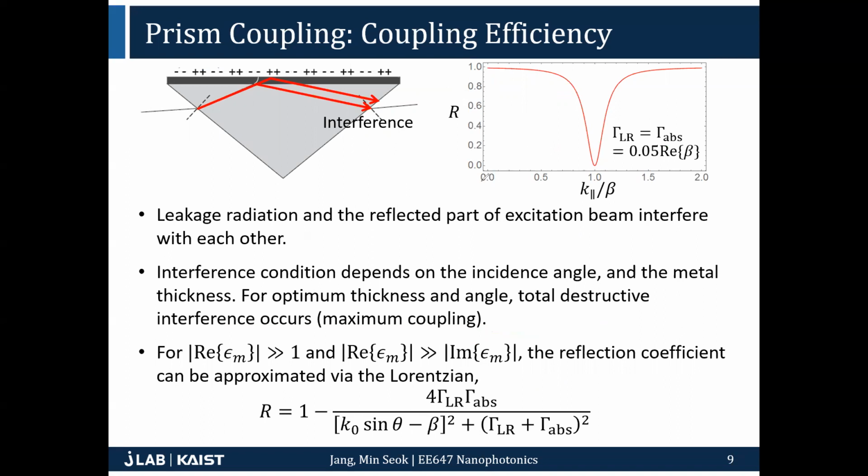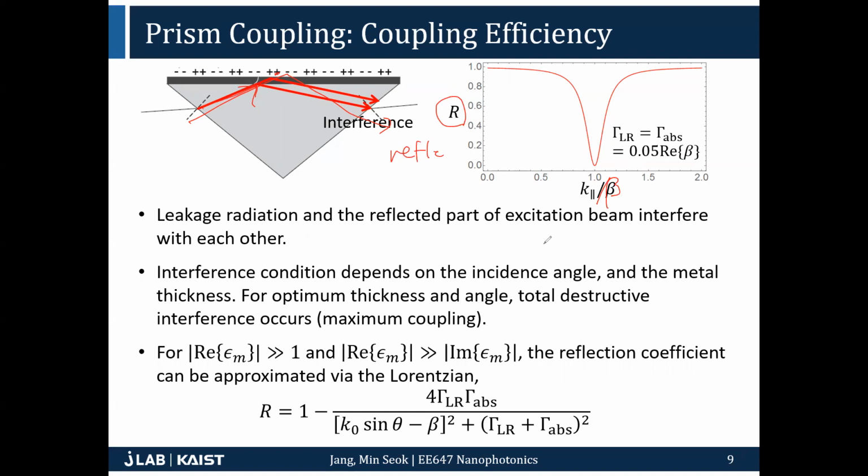This is actually the result of an experiment. This is the R, which is defined as the reflectance of a metal, okay? And here is the K parallel of this K vector, normalized by the plasmon propagation constant.